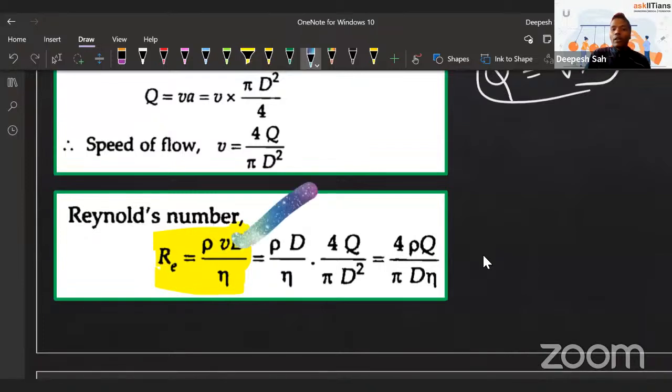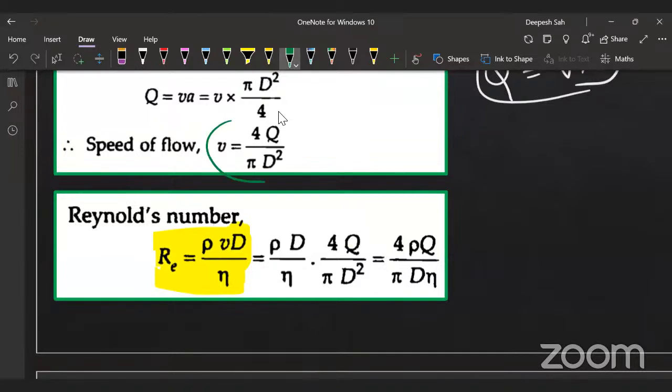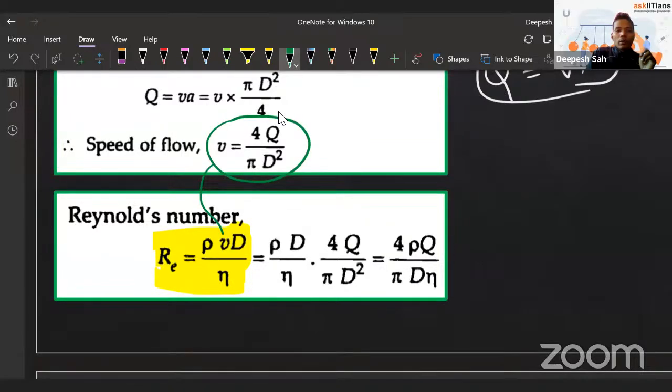The diameter is given, density we know, and the coefficient of viscosity is also given. Only the velocity is unknown, but I can easily calculate it using this formula and put the value in here.